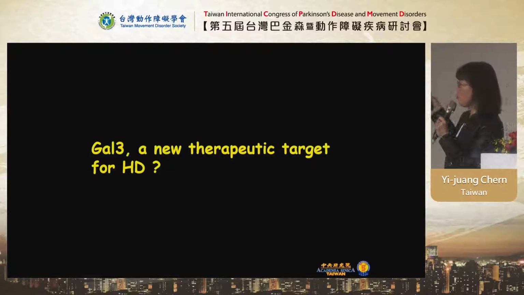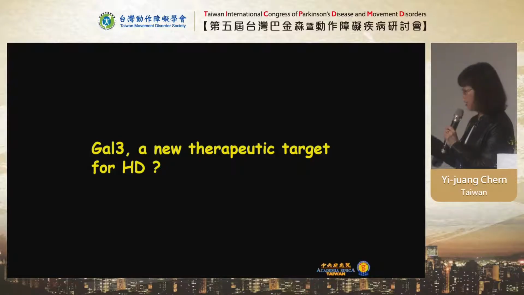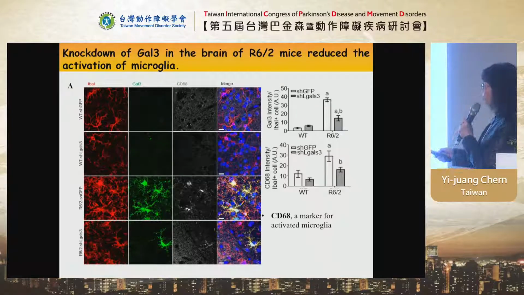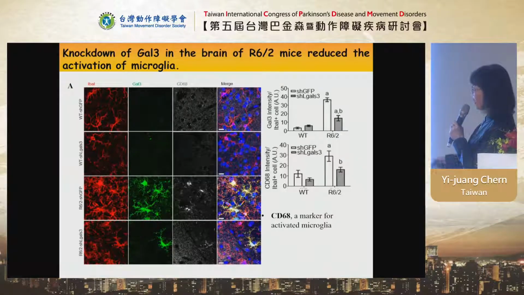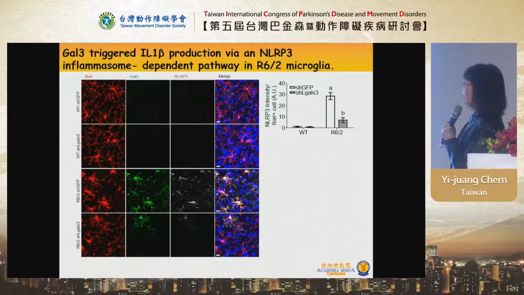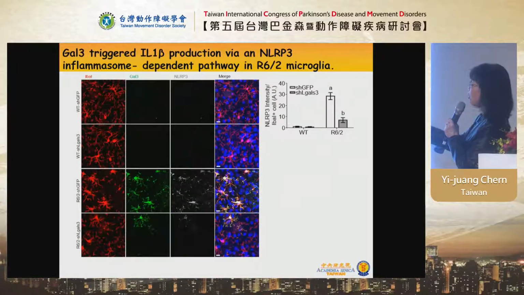But the most important question is, of course, whether this is a therapeutic target. So what we did, again using a knockdown approach, is we first made sure that we can knock down galectin-3, and by doing that, we knock down the microglia activation using the activation marker. Then we looked at, for example, the inflammatory marker IL-1 beta.